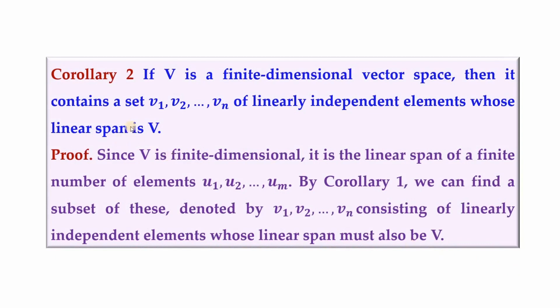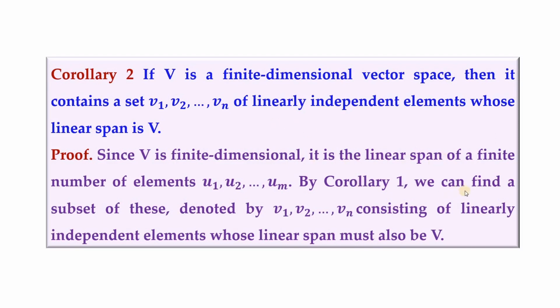Now corollary 2 says this: if V is a finite dimensional vector space, then it contains a set V1, V2 and so on Vn of linearly independent elements whose linear span is V. Since V is finite dimensional, it is the linear span of a finite number of elements, say U1 etc. Um.